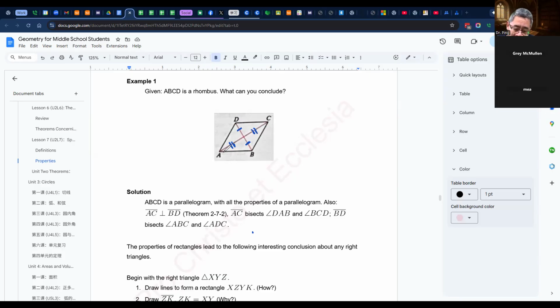So the diagonals are not only perpendicular, they also bisect each other. Well, this is something we learned about parallelograms. A parallelogram has that property. So therefore, a rhombus is a special parallelogram, so it also has that property. Okay, are we good on this one?